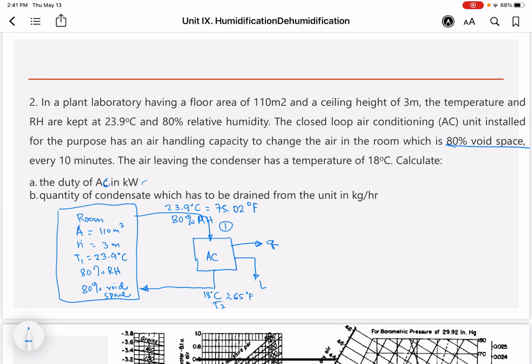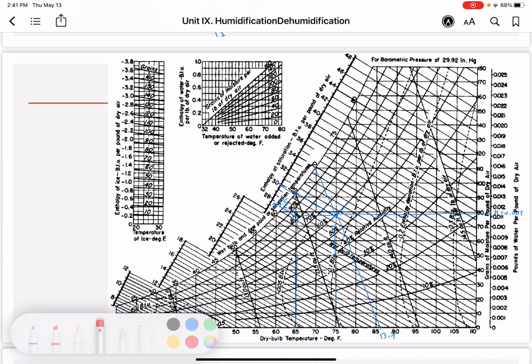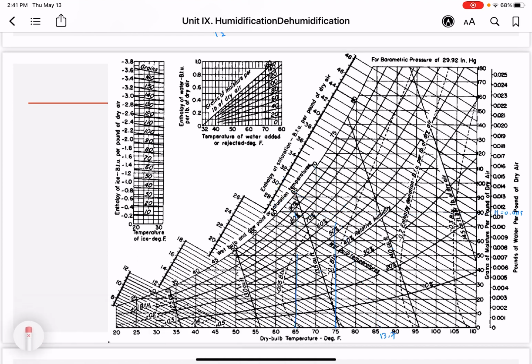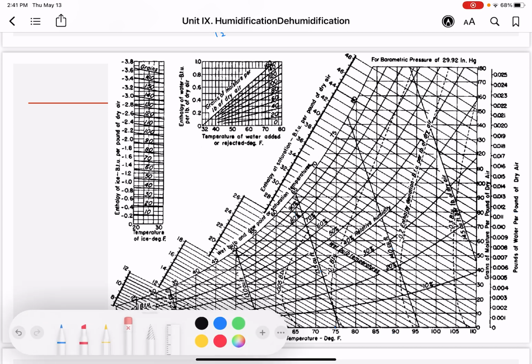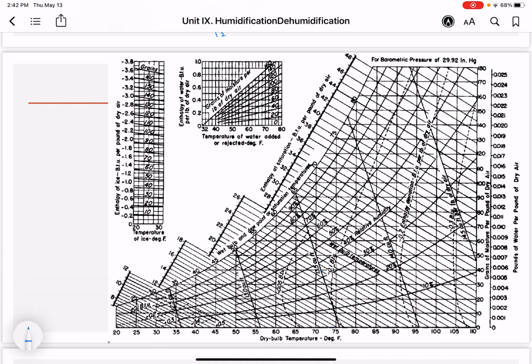So in your psychometric chart, let's erase first the solution for problem 1. Okay. So we need to get both the humidity at point 1 and point 2, knowing that I have again 75 degrees F, but the relative humidity is at 80. So this is the line for 80, this is 75. So andoon siya.